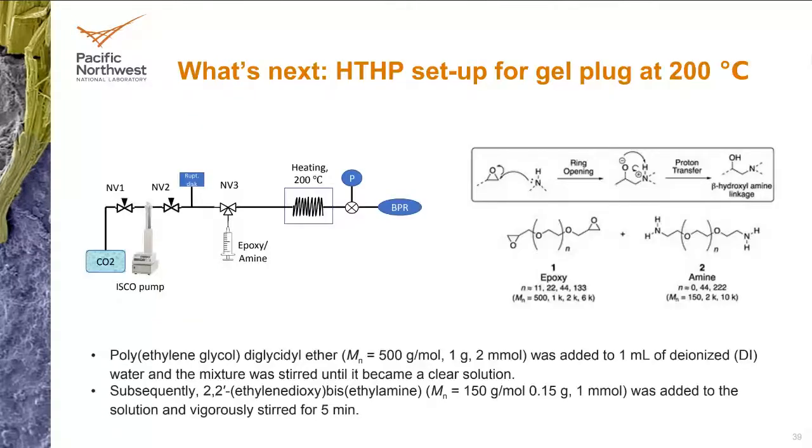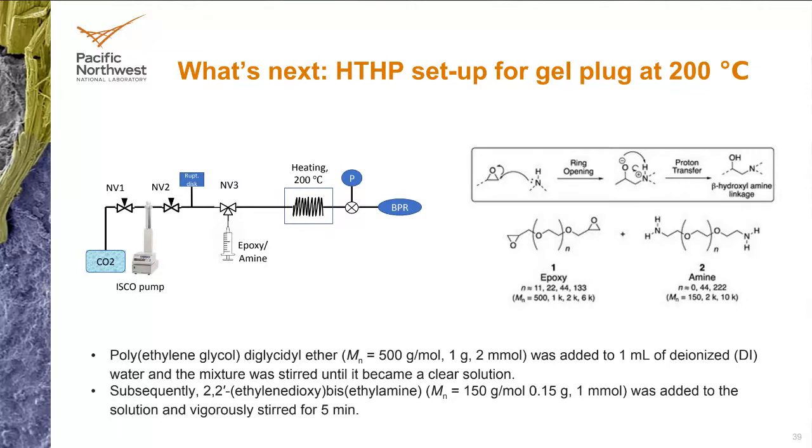And then we tested that plug. What if we mix this epoxy with amine, and we use CO2 to push that solution into a coil, 1/16-inch tubing that will simulate a fracture of about, I don't know, 1/18 of an inch in aperture? And then we see if that plug will form and not move.